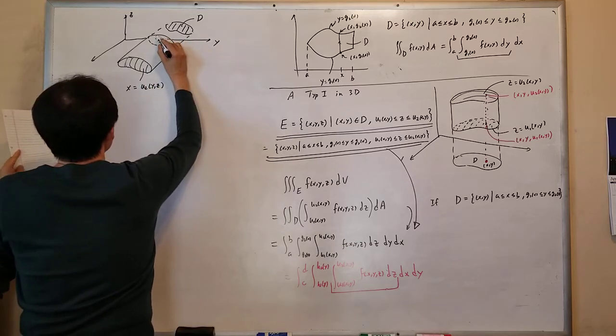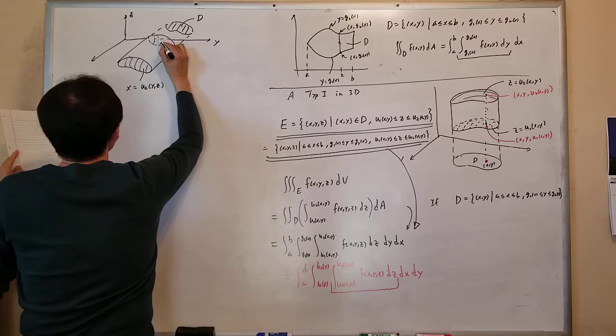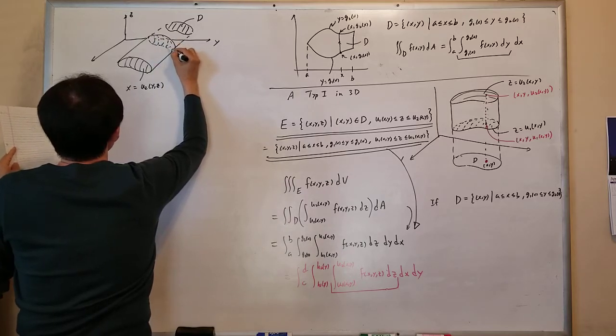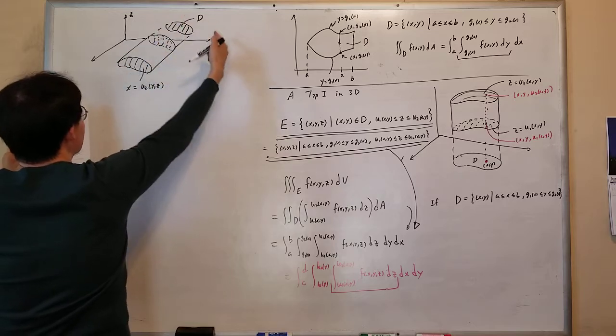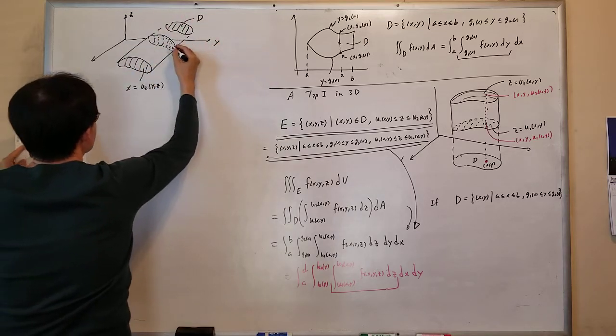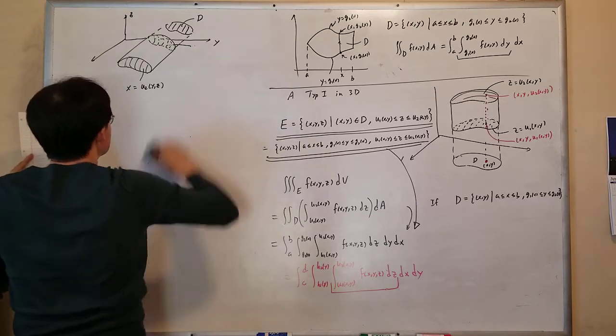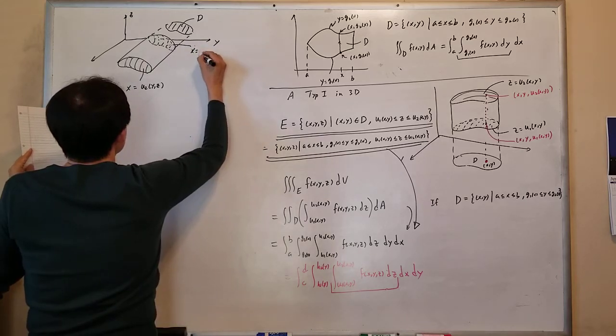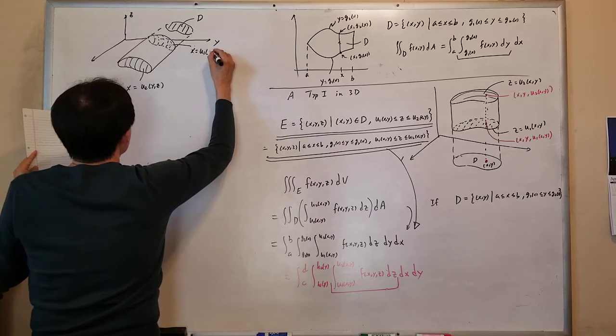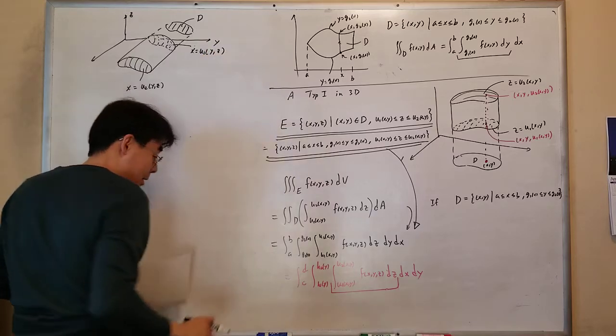Now here, the front side, back side of the surface is the graph of x equals u1 of yz.